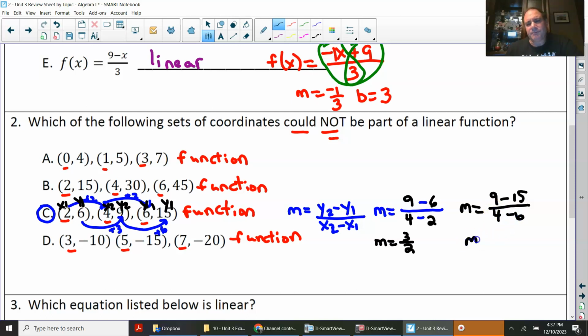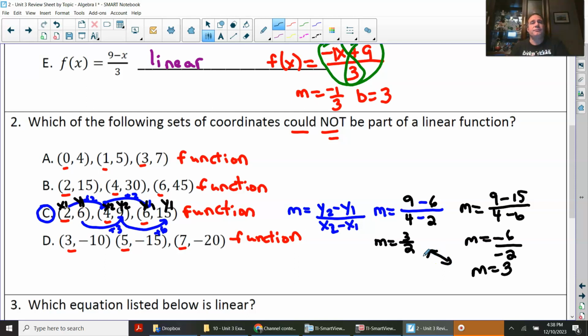So these slopes are supposed to be equal to each other if it's linear. If they're not equal, that means they are nonlinear. So this right here is -6, and this is -2. That slope is 3. So the slopes are different, and I proved it.